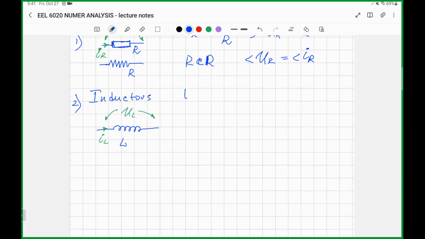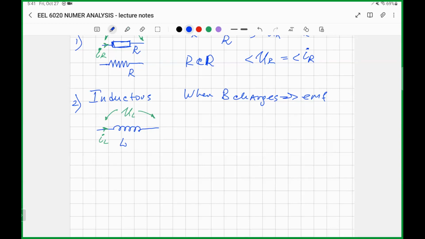So when B changes, it creates electromotive force, and this electromotive force resists the current and magnetic field in the coil.